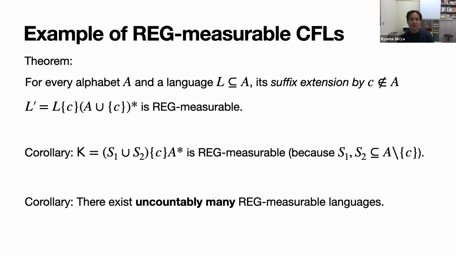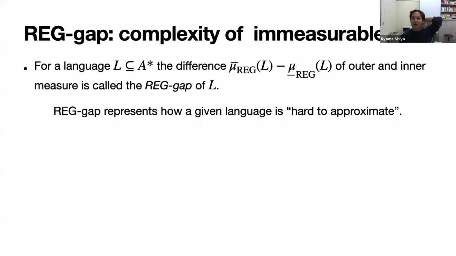So in this sense, we can say that regular measurability is a quite relaxed condition. Very, very many languages have this property. So let's turn to regular immeasurable languages, non-measurable languages.